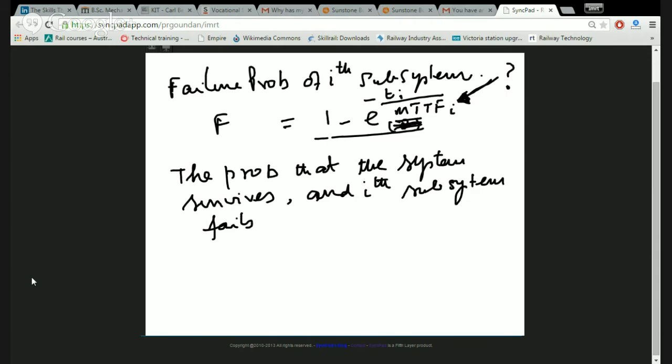The definition of Wi is what? Wi is the probability that the system will fail given that subsystem i has failed.